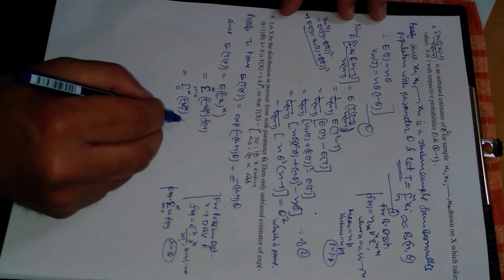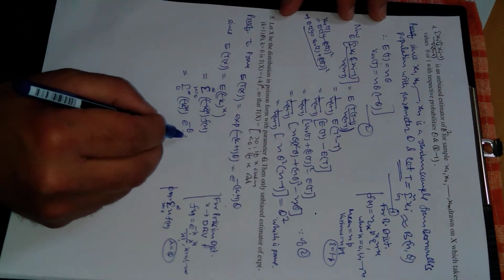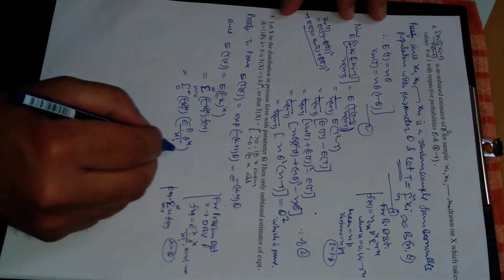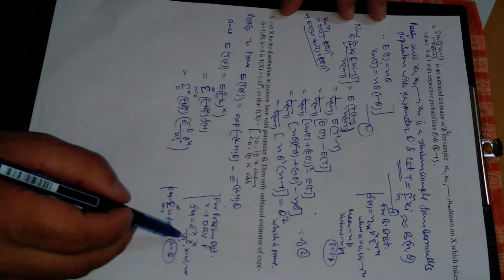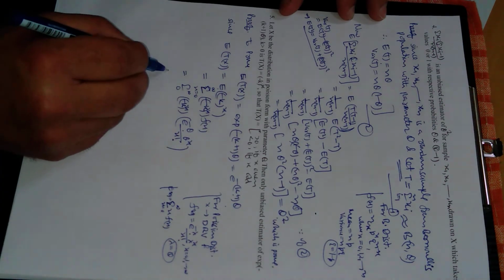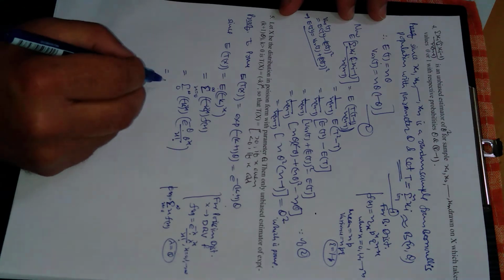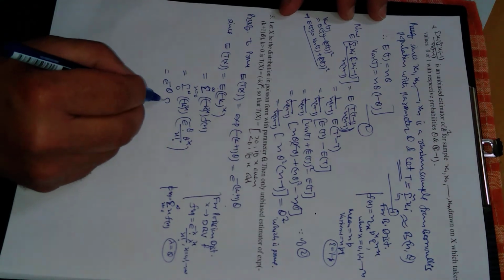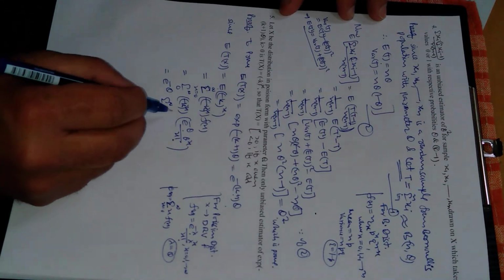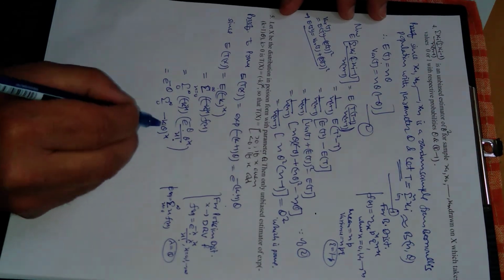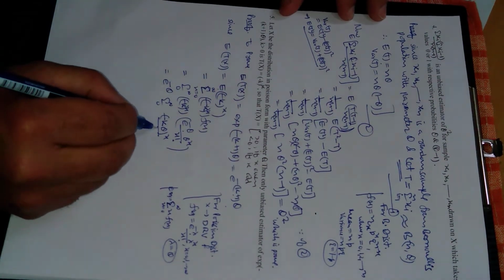So this will be e power minus theta, theta raised to power x divided by x factorial, by using the density function of Poisson distribution. So what is constant here? E power minus theta is constant. Taking this outside, because there is no x in this, summation 0 to infinity of (minus k theta) raised to power x divided by factorial x.